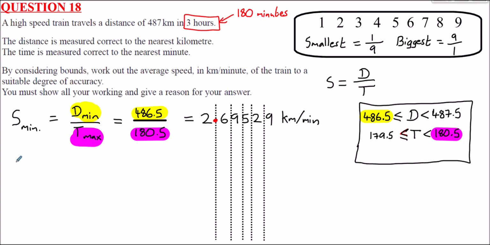Next, let's think about the maximum possible speed we could calculate. Well, the biggest thing is when we pick the biggest possible value, which is going to be d max. And to make a fraction as big as possible, we divide it by the smallest thing possible. So we're going to pick to divide it by minimum value of time.